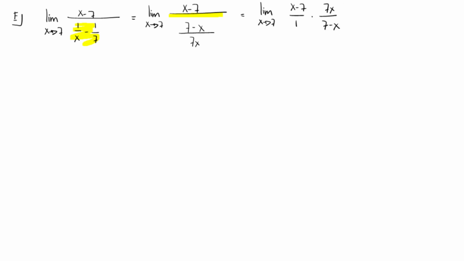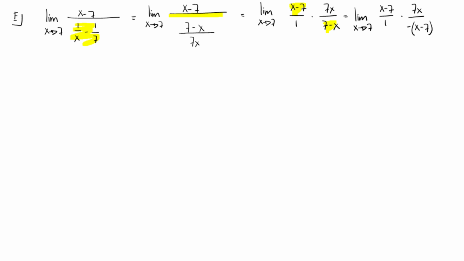Now, these two binomials can cancel each other if we first factor out a -1 in one of them. So what I'm going to do here is I'm going to write it like this. And then let's say we leave this one intact, x minus 7 over 1 times 7x. And here we're going to factor out a -1, and then we flip the order of the terms, so it leaves us with positive x minus 7.